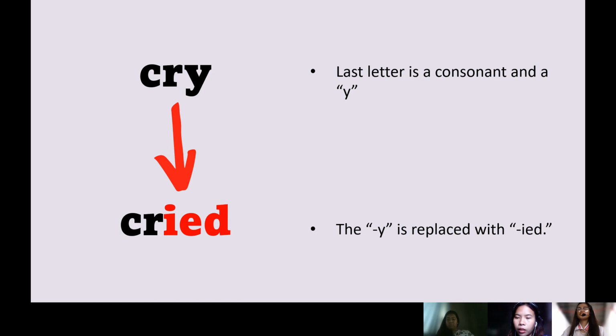When we changed it into the present participle, we eliminated the IE and changed it into Y. But this time, when we change a base form that ends with Y, we change it into IED. So it's just vice versa. That's how the spelling in the present participle and past participle works.